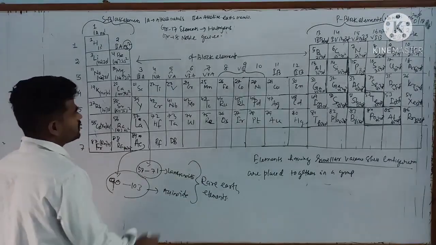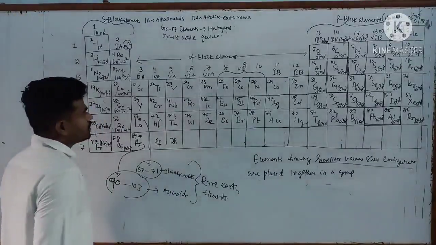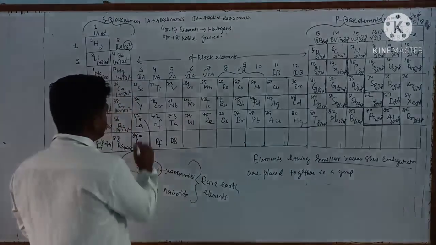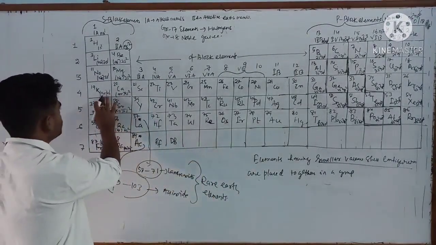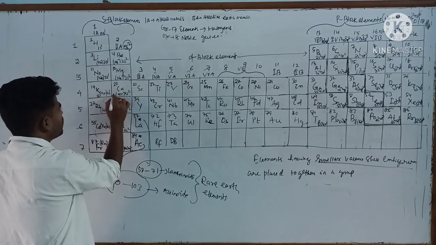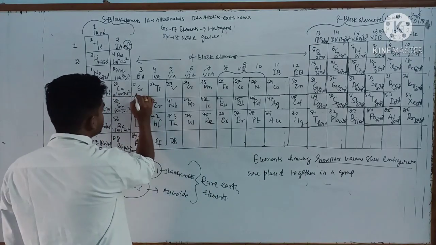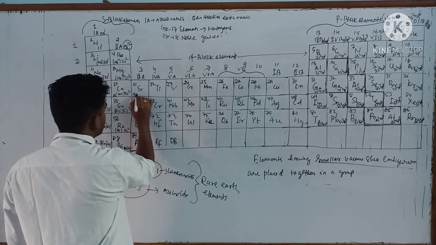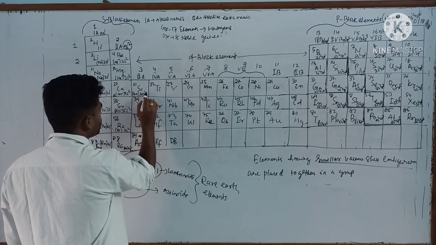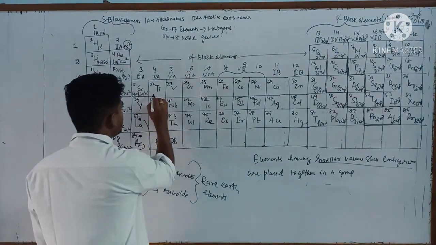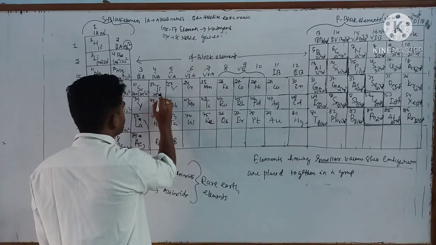The first one, this series, is called the first transition series or 3d series. After argon 18, noble gas core is argon. So after argon, 3d1 4s2. Clear? Again 3d2 4s2.